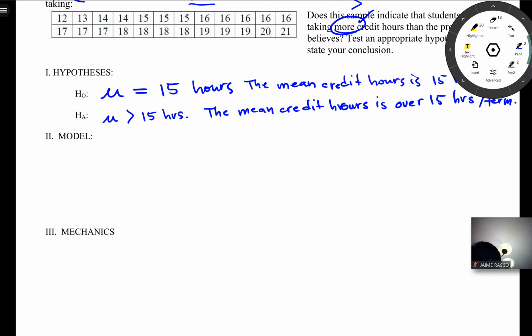Then let's go to the model. It's where we write our assumptions and conditions. Again, there are 4 assumptions and conditions, and let me just write it.